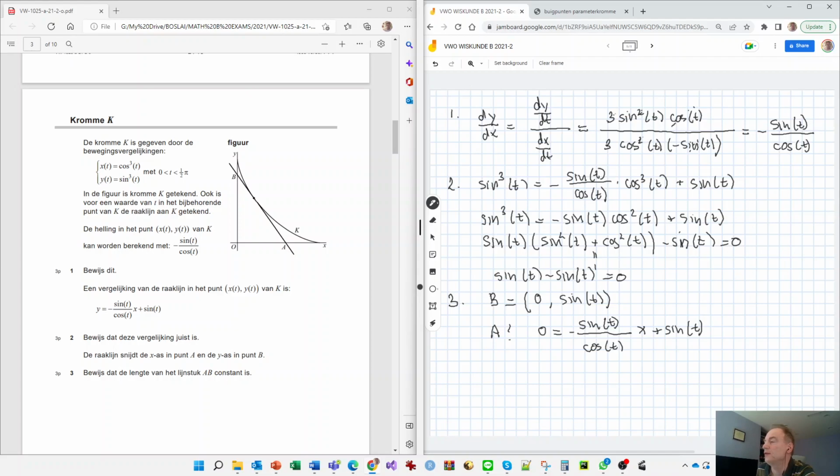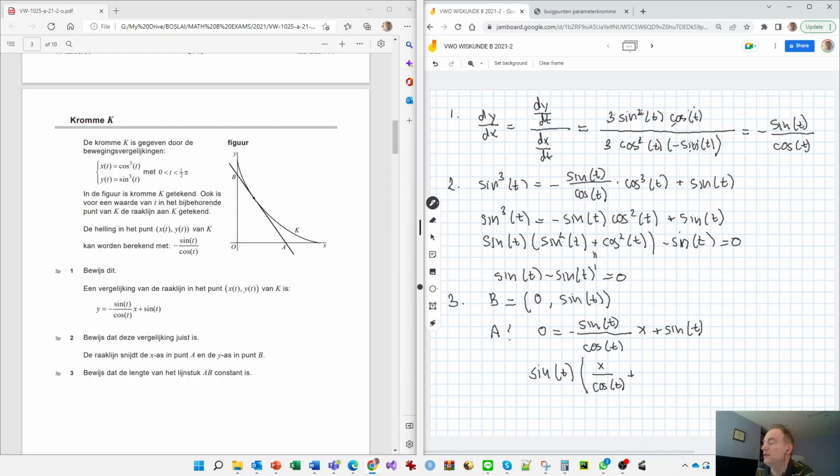And then you can also factorize sine t, so let's do it in one step. I brought this to the left and factorized sine t, so I get x divided by cosine t.